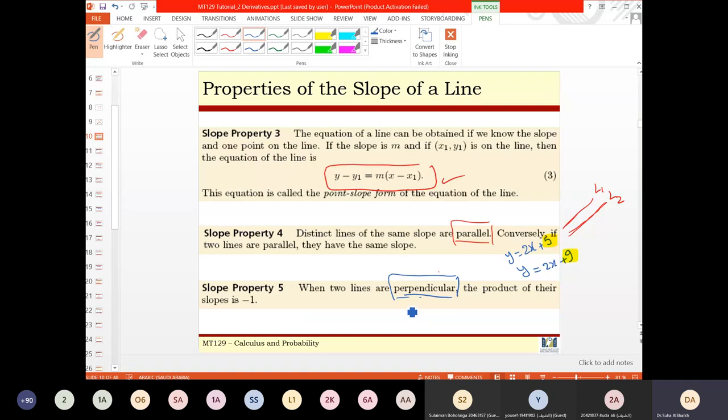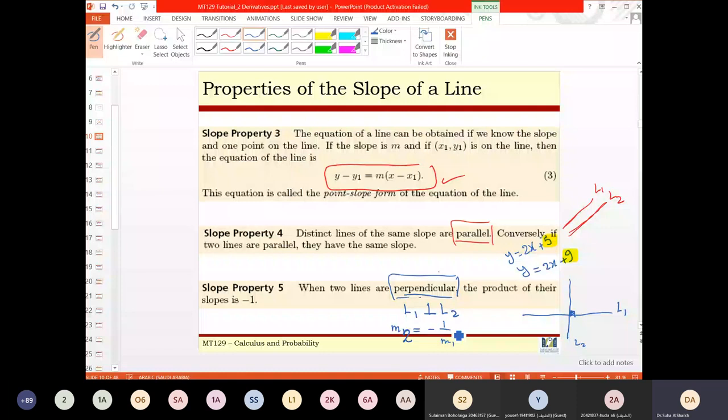Two lines are perpendicular when M1 is the slope of the first one and the slope of the second one is -1 over M1. So M2 is -1 over M1. Just in this case, we say they are perpendicular.